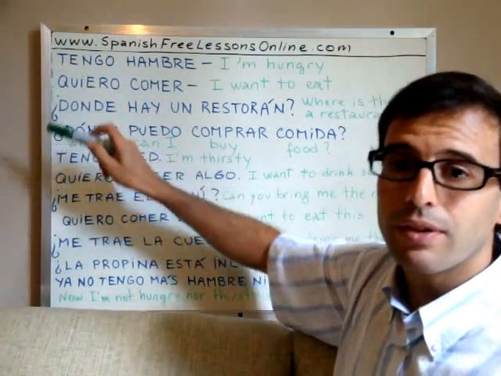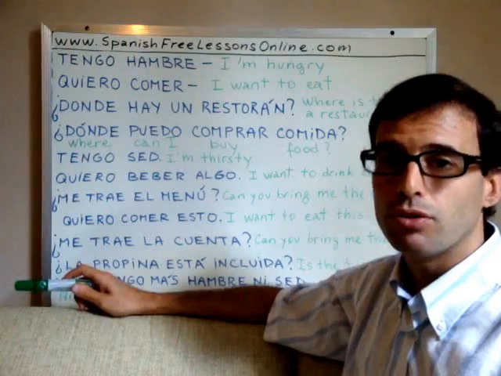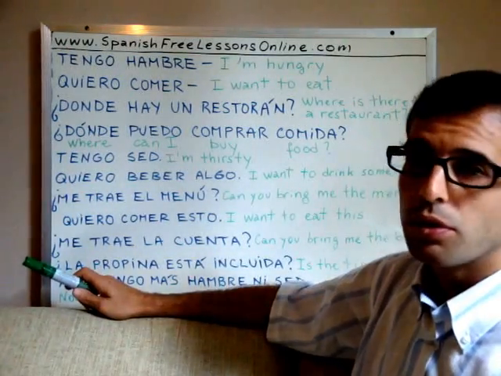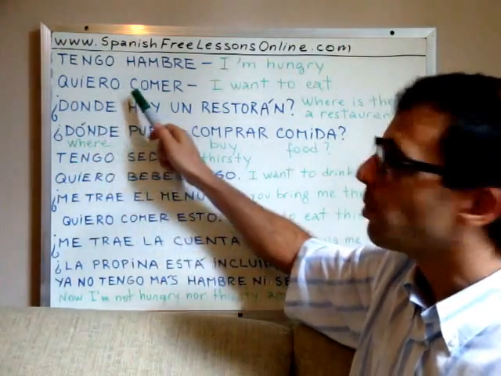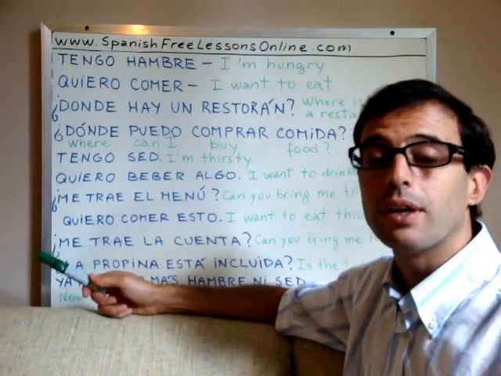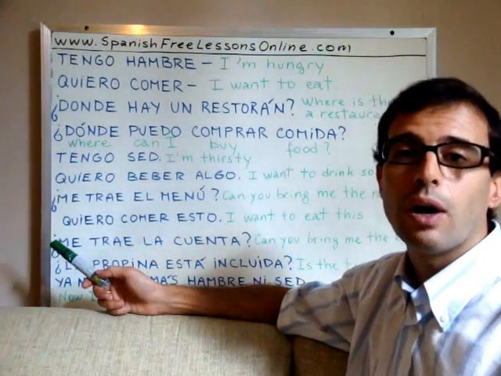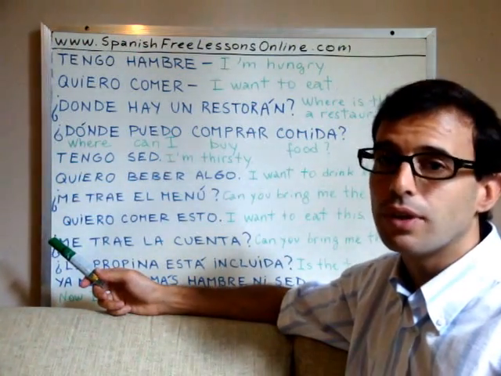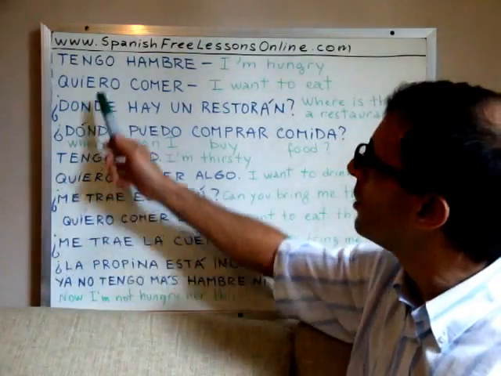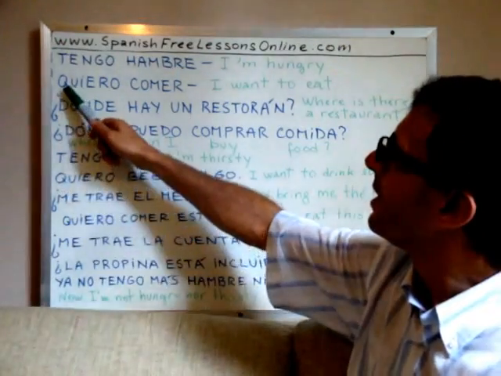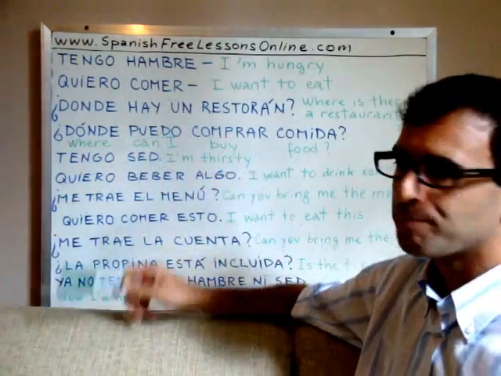So we can omit the subject pronoun I, yo. So although saying yo quiero comer is okay, it's alright. However, since yo is not necessary, it's redundant already, we can simply say quiero comer.